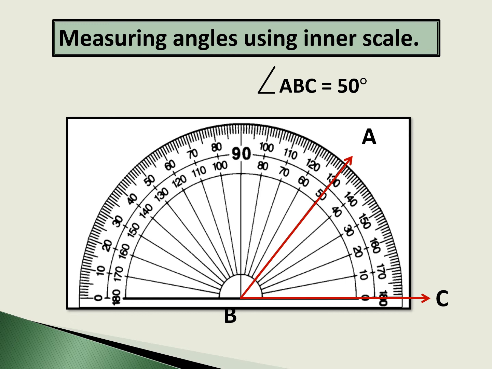Hence, we will use the inner scale to measure angle ABC. The second arm of the angle, that is AB, crosses the inner scale at 50. So we can say that the measure of angle ABC is equal to 50 degrees, and over here we use the inner scale to measure it.